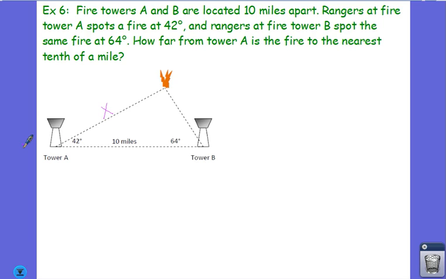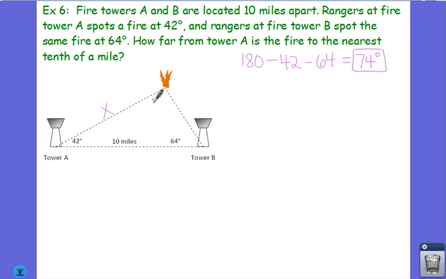So if you look, we are looking for an angle side pair. Well, here's the problem. 42 doesn't have a pair. 64 doesn't have a pair. So we need to know this angle. So let's find the missing angle by taking 180 and subtracting 42 and subtracting 64. And that missing angle comes out to 74 degrees.